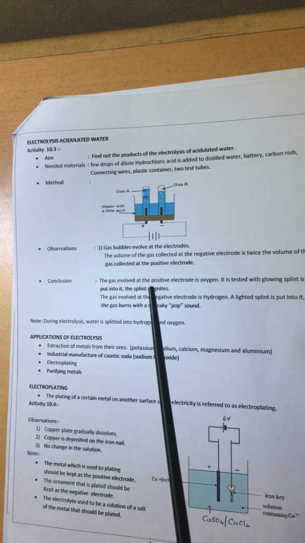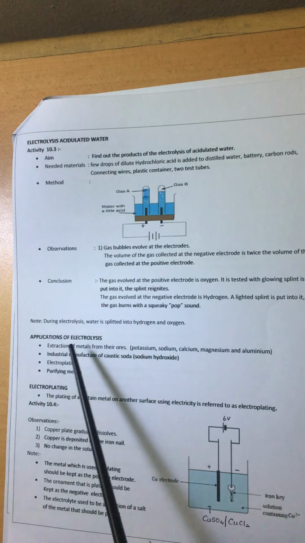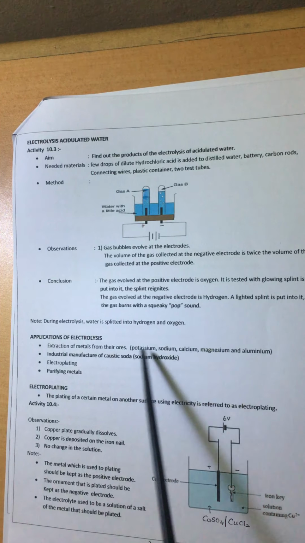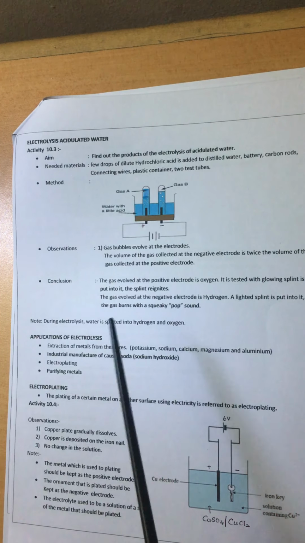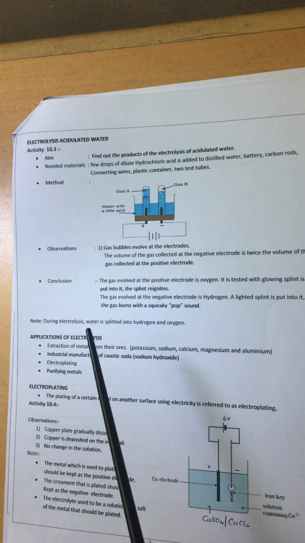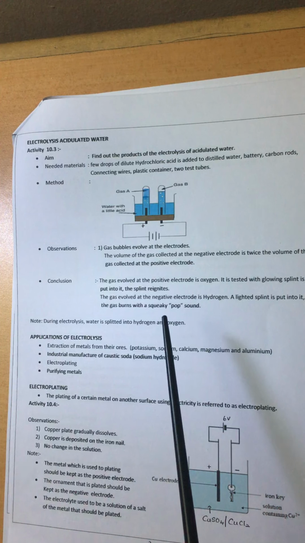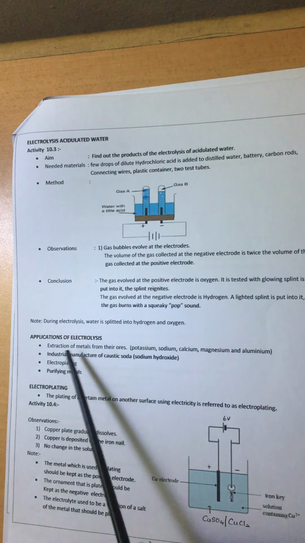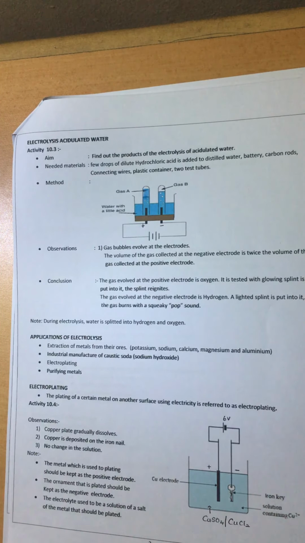So actually what is happening during electrolysis, water is split into hydrogen and oxygen. That is also a chemical change. The electrical energy becomes chemical change. So up to this, electrolysis. So next class we are going to study about the application of electrolysis.